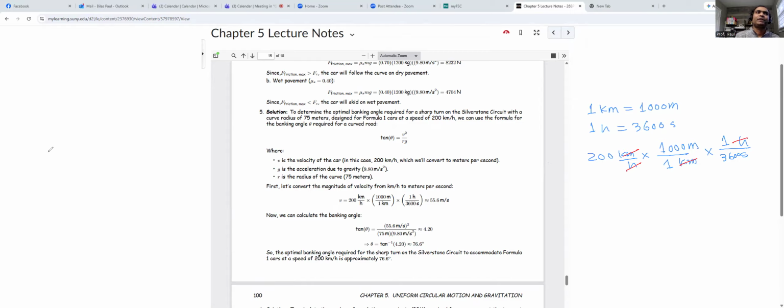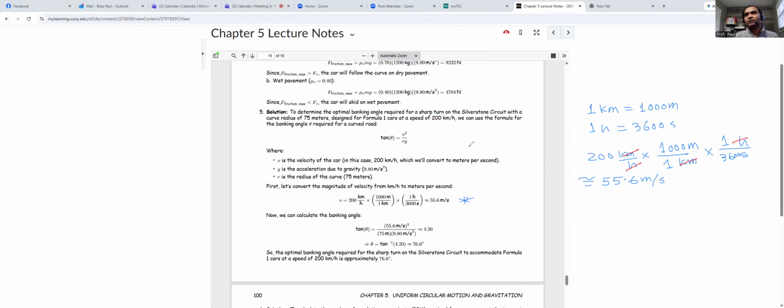And then if you do this math in your calculator, it should be approximately equal to 55.6 meter per second. Okay, and here you see that we have the same value.